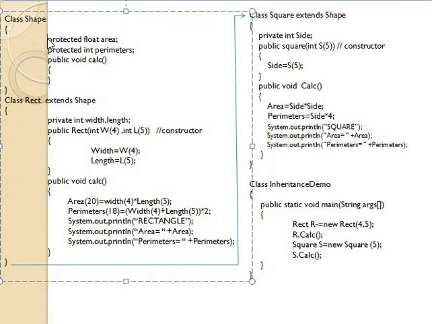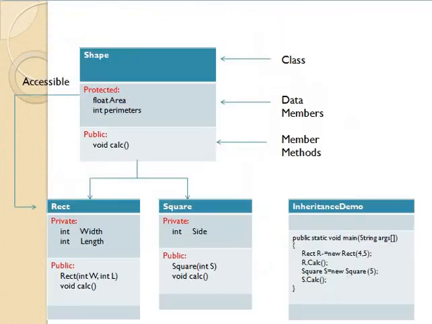Then two data members, that is area and perimeter of type float and int, have been declared, and they come under the protected visibility mode. So that's what has been specified here. These are the two data members, area and perimeter of type float and int respectively, declared under the protected visibility mode.